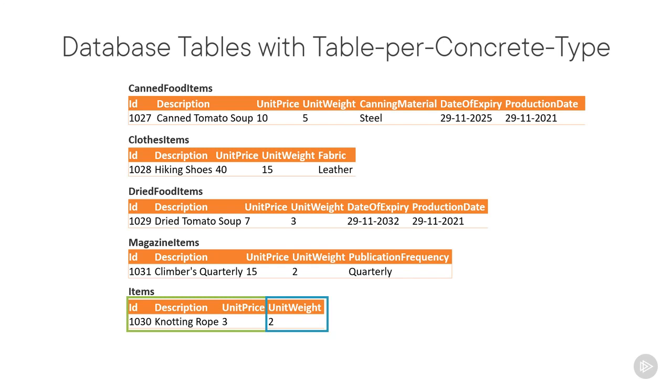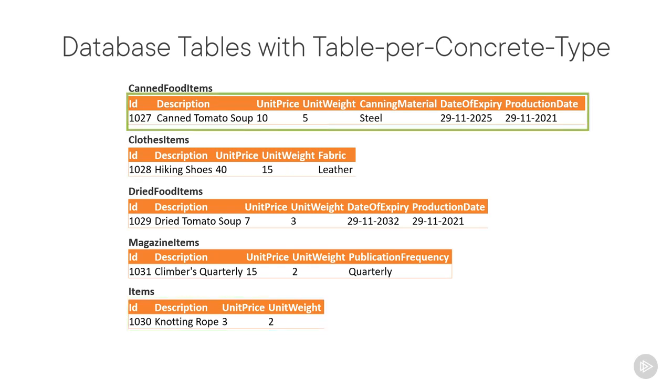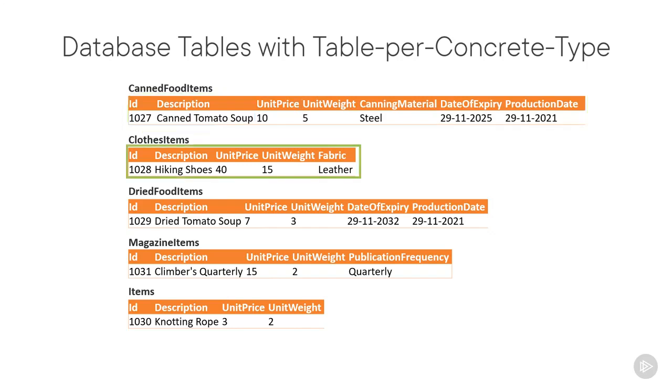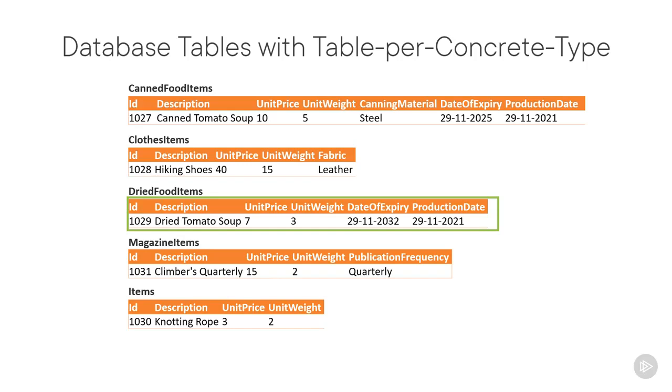And if, for example, we now look at the canned tomato soup entry in the canned food items table, we can see that this table now also contains columns for all properties related to that entry, such as date of expiry and production date, but also the description and unit price properties. And of course the same goes for all other types of items such as the hiking shoes and the dried tomato soup. As we discussed, this is an example of a denormalized schema which has a lot of redundancy between the tables.